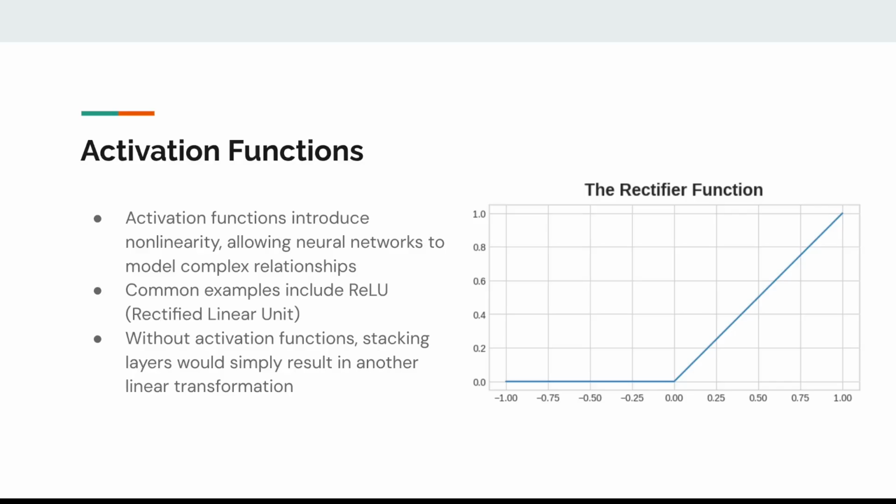One of the most popular activation functions is called ReLU, that is rectified linear unit, which simply says if the result is negative, change it to zero. Without activation functions, deep learning wouldn't be able to recognize complex images or even understand human language.